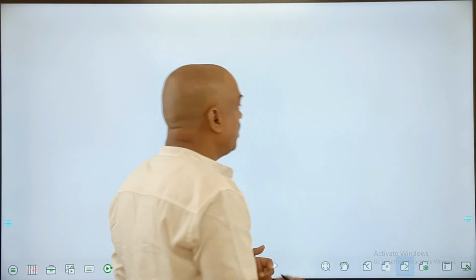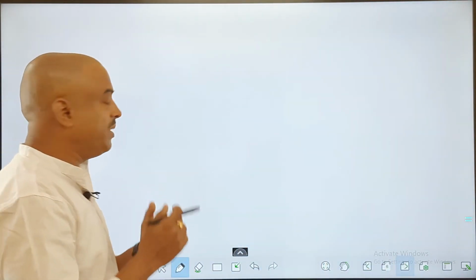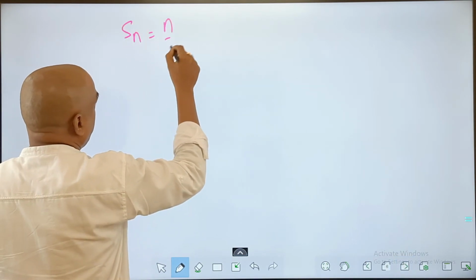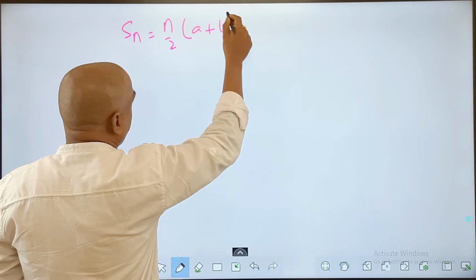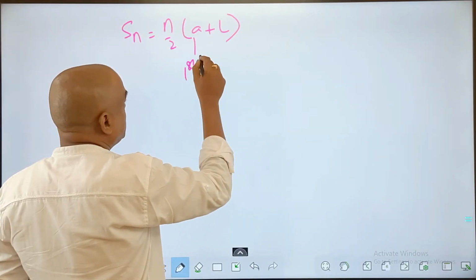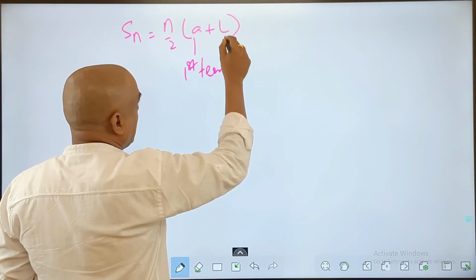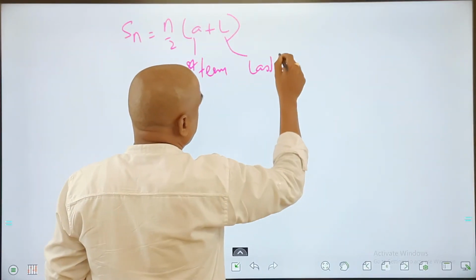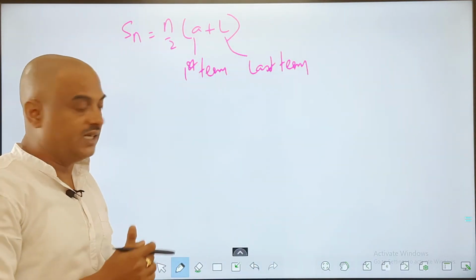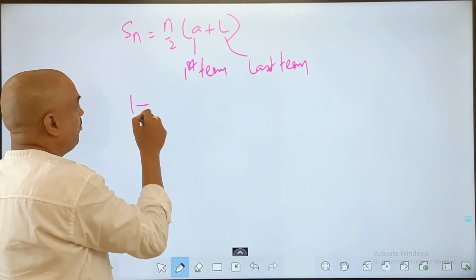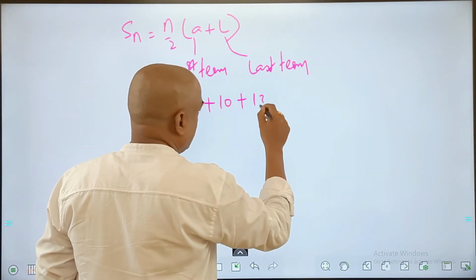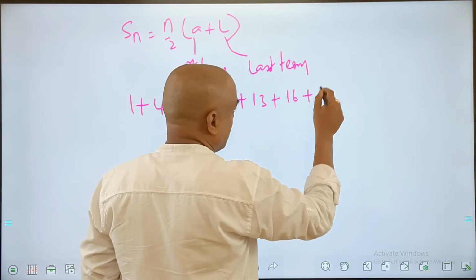Now further moving on to the next part of the introduction to AP, we have one more formula here. Sn is equal to n by 2 into (a plus l) is another formula. Here a is the first term and l is the last term of the series. For example, 1 plus 4 plus 7 plus 10 plus 13 plus 16 plus 19.